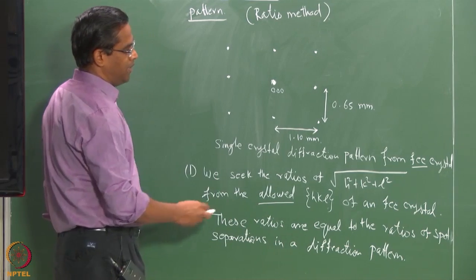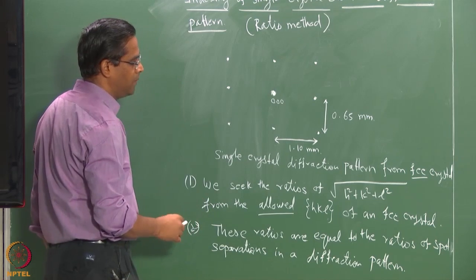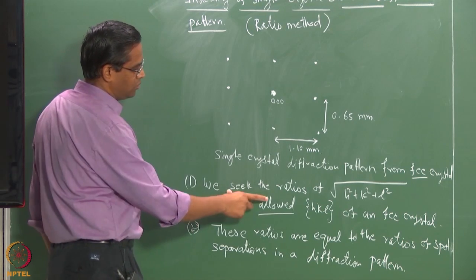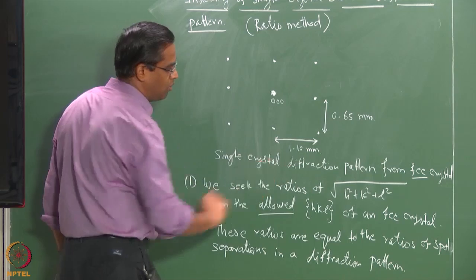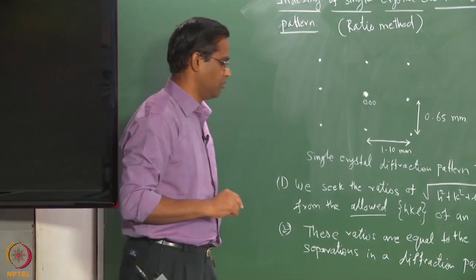So, that means the ratios of these two distances will be equivalent to the ratios of some of the allowed HKL indices ratios.